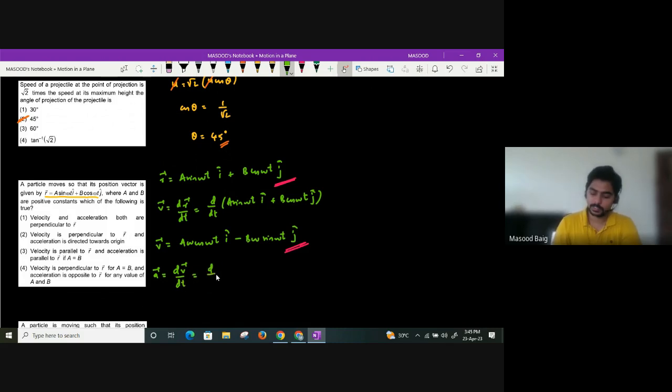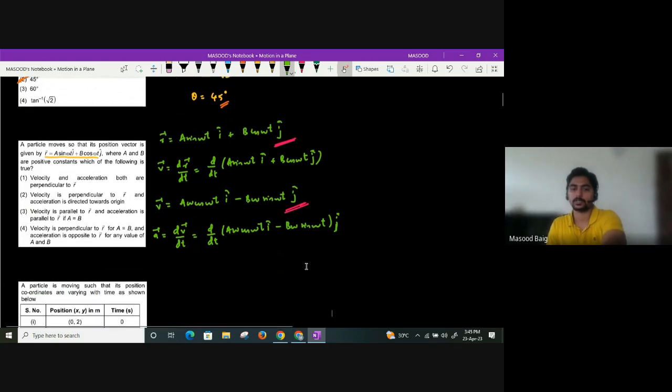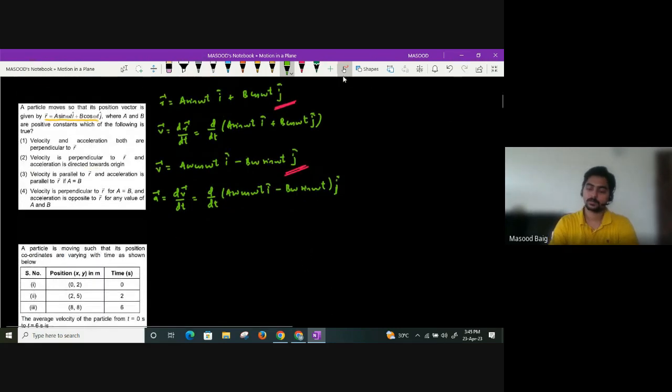I can write it as d by dt of a omega cos omega t i cap minus b omega sine omega t j cap. If I again write directly over here, what will our acceleration vector be? If you just solve for it directly, cos derivative will be again minus sine, beta. You'll get it as minus a omega square sine omega t i cap.